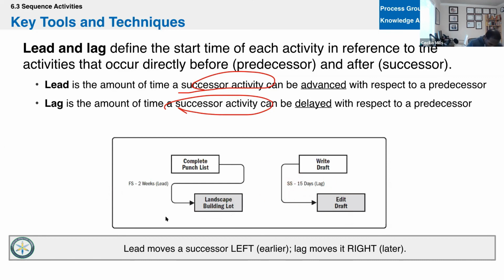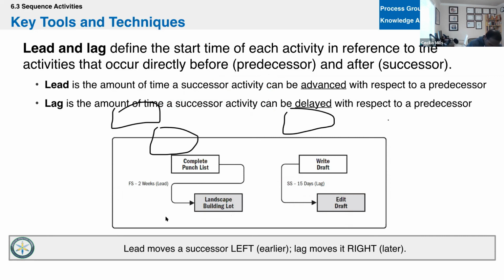And actually, here's what I want to do. Because I want to show you, I'm going to draw it up here. I want to show you how you can have a finish to start for both relationships, and actually you could do this, right? And you could have your lead here, right? And that's still finish to start. And then you could have your lag here, and that's still finish to start.